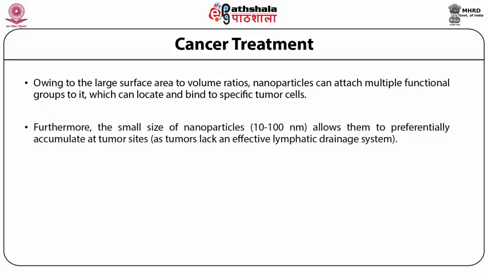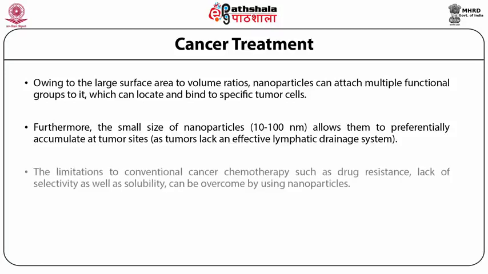Furthermore, the small size of nanoparticles, that is 10 to 100 nanometers, allows them to preferentially accumulate at tumor sites as tumors lack an effective lymphatic drainage system. The limitations of conventional cancer chemotherapy, such as drug resistance, lack of selectivity, as well as solubility, can be overcome by using nanoparticles.